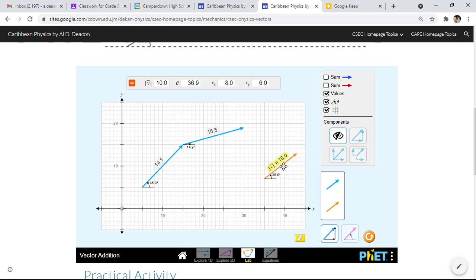The reason being, I would have put my protractor here, right?